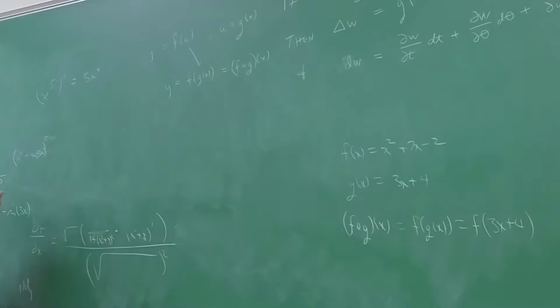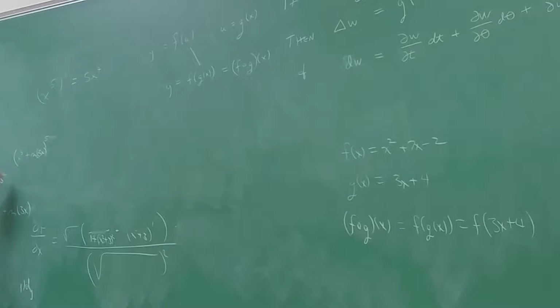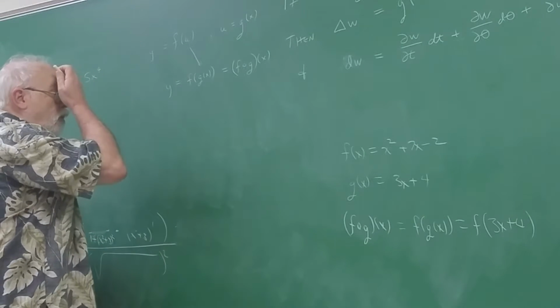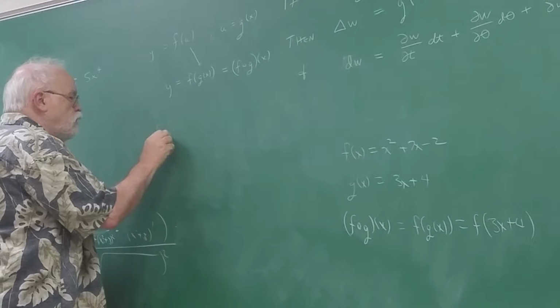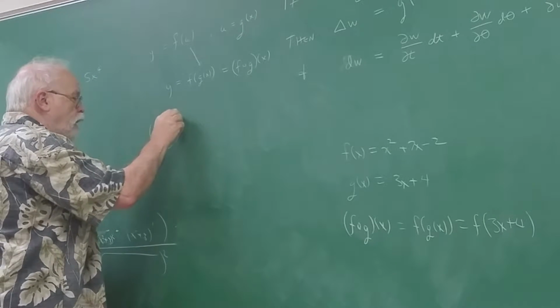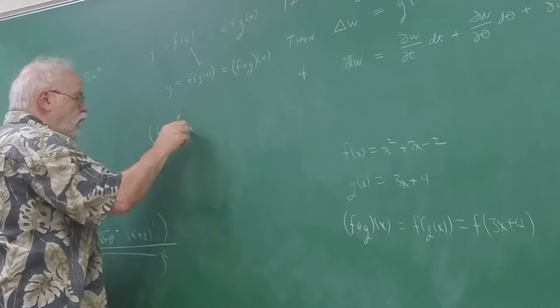And so over here, g of x is x cubed plus sine 3x, and f of u is u to the fifth. And then I'm going to replace the u, the base here, with that thing. All right, so how does it work? What's the formula for f circle g prime of x?